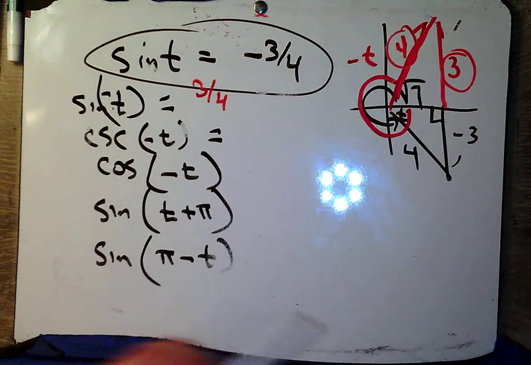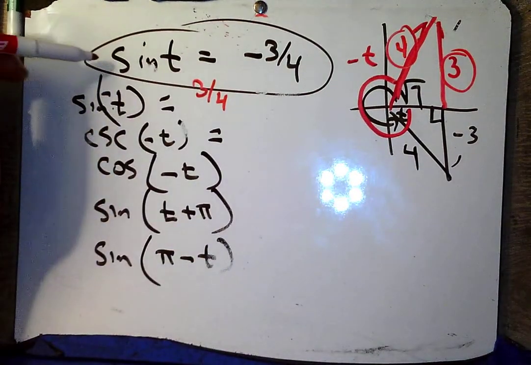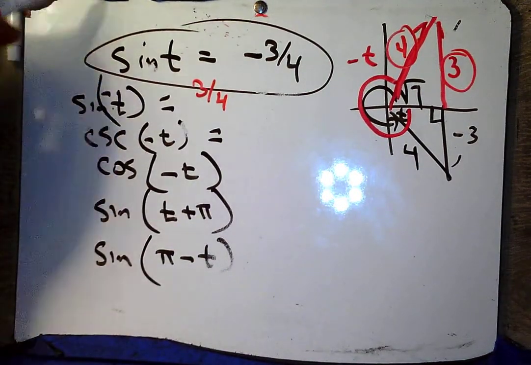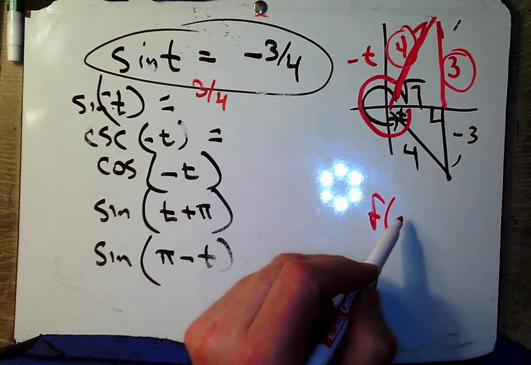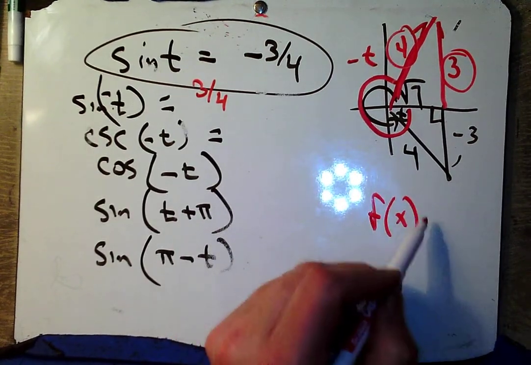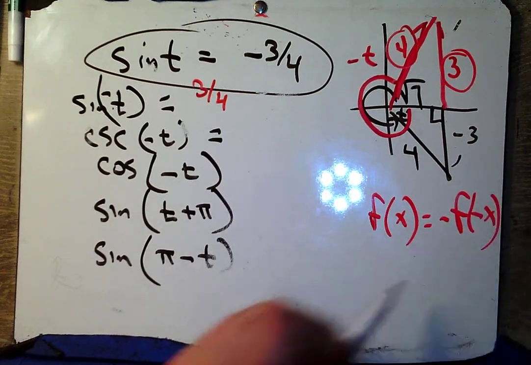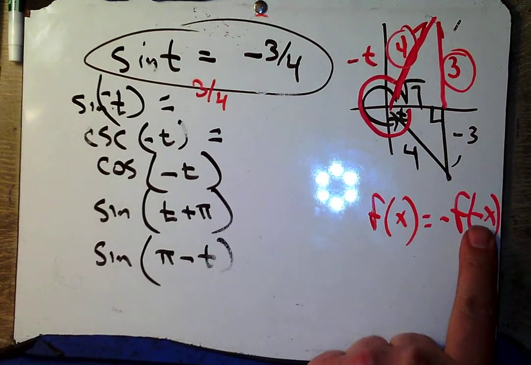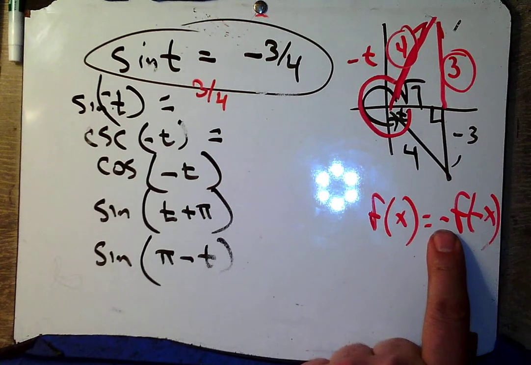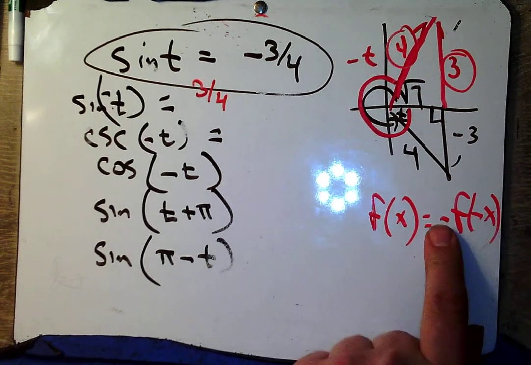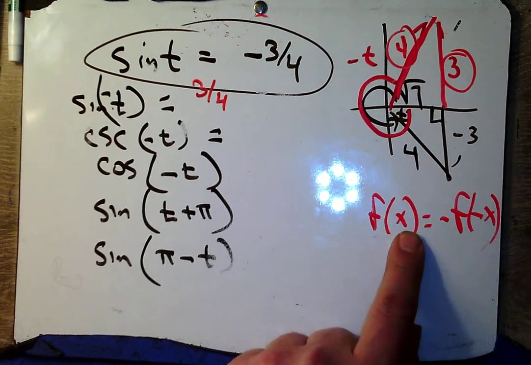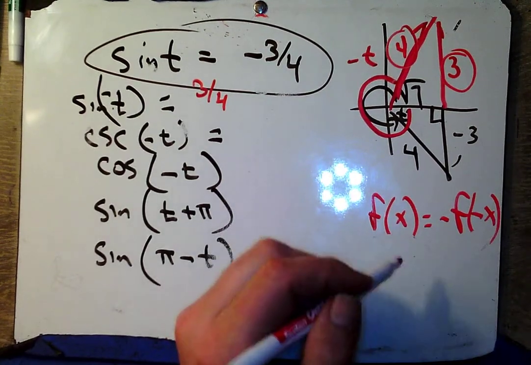How come? Well, we know that sine is an odd function. And one of the things we mentioned briefly in pre-cal was that negative f of x equals f of negative x. If we change both the x and y value, the signs on the x's and y's, and we get back to the original function, we say that function is an odd function.